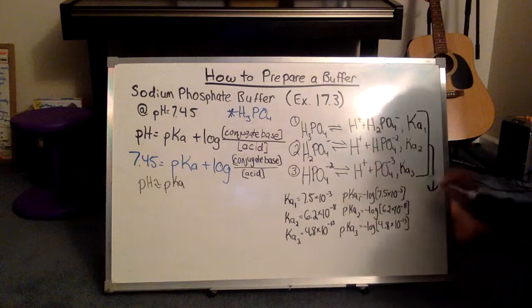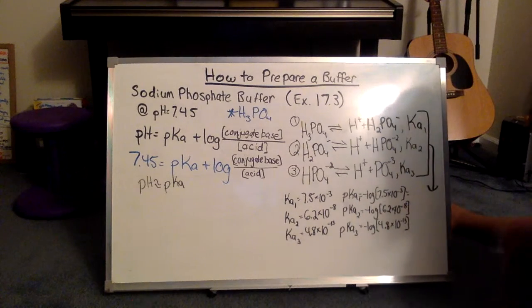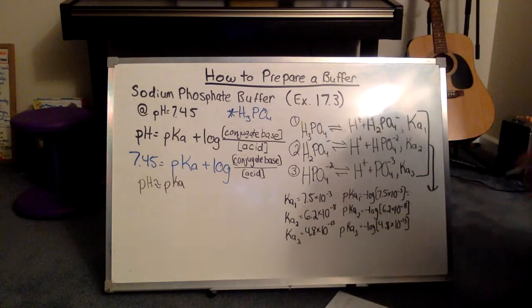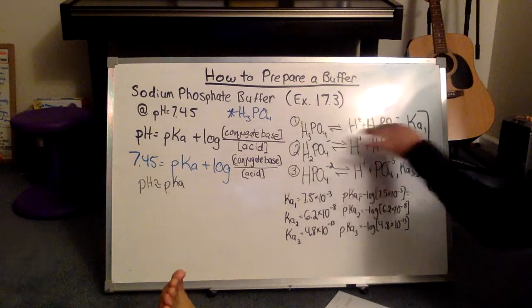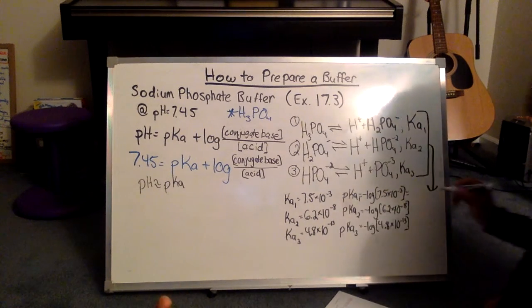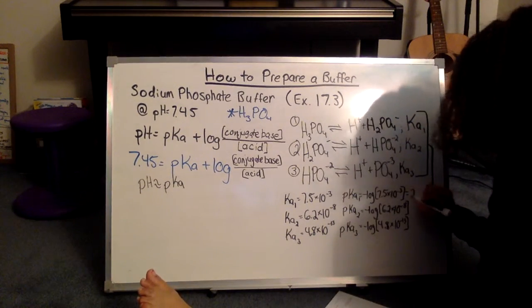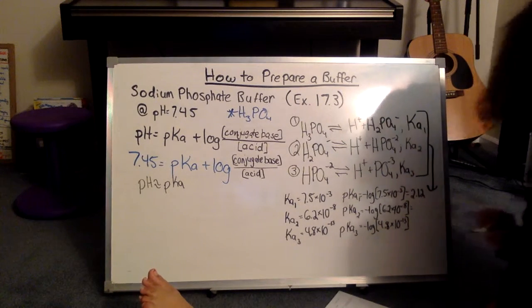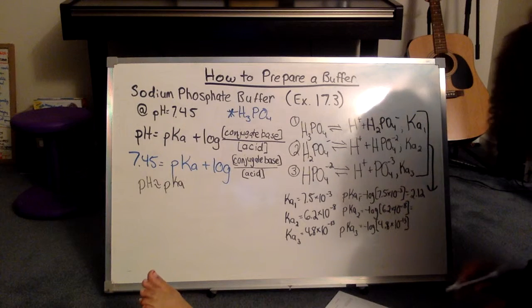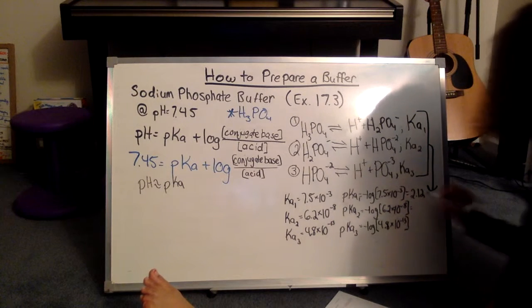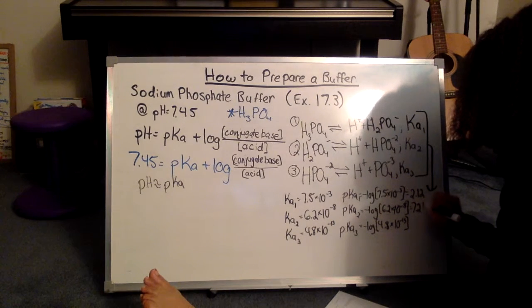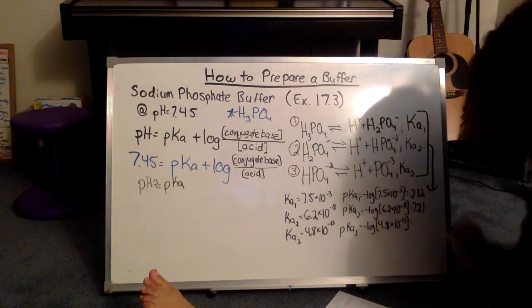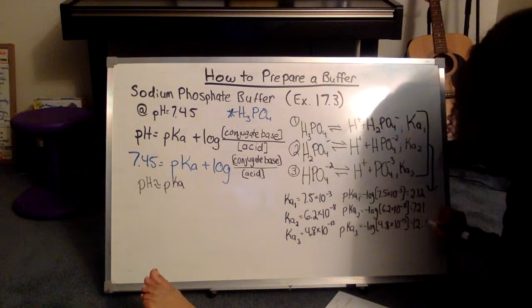Okay, what are our values? Well, after we calculate this, we find that for the first reaction, the pKa value is 2.12. So pretty acidic. The next one is 7.21, and the last one is 12.32.